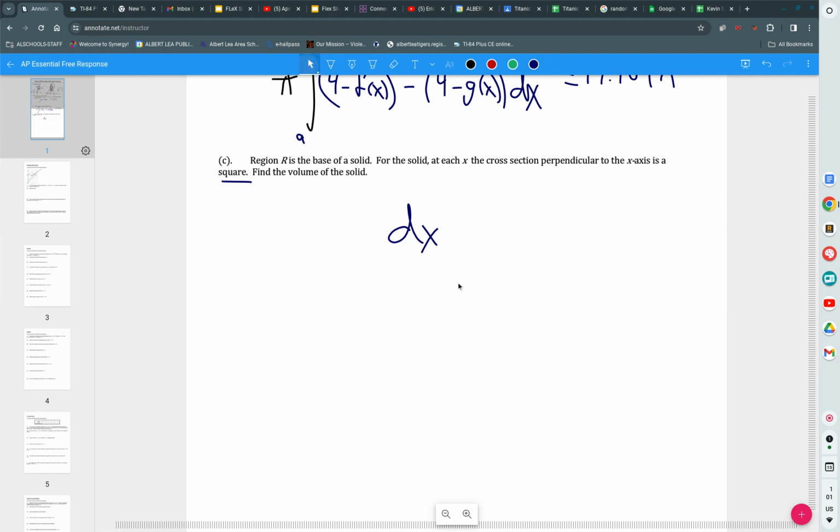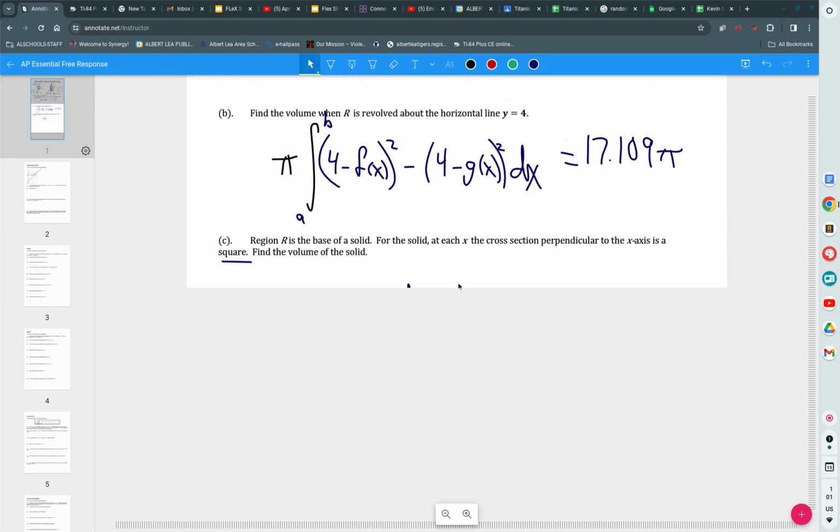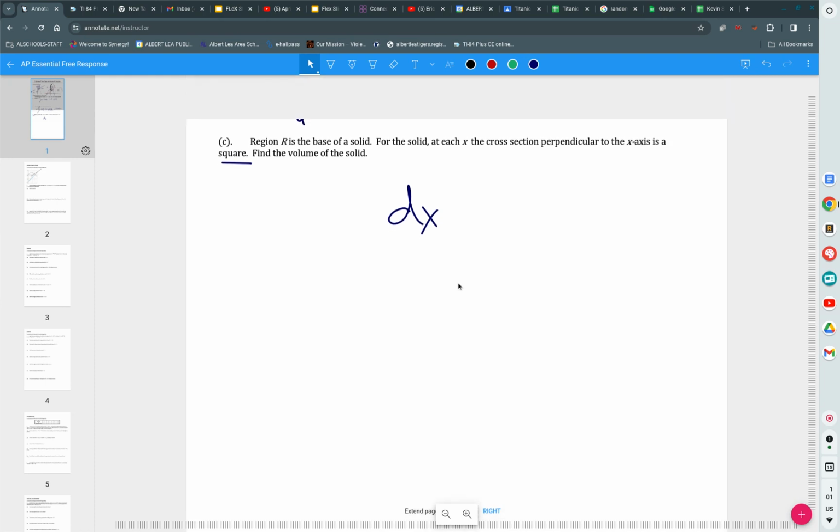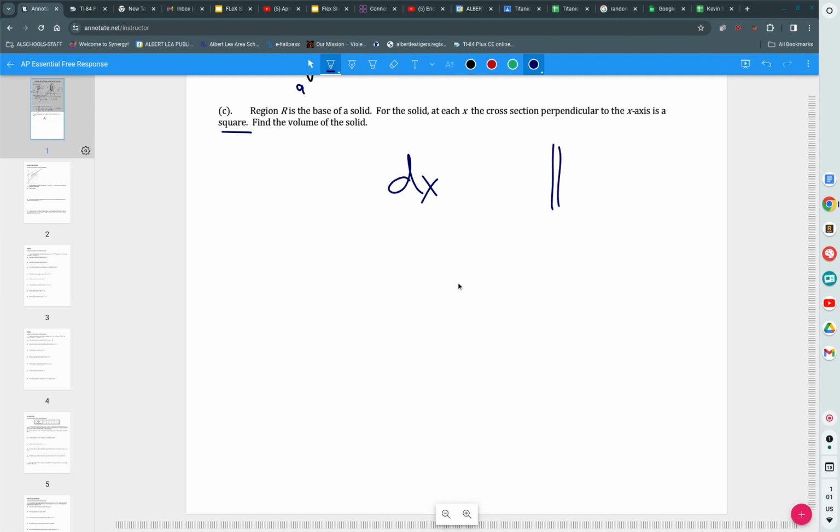Okay? So now what I need to do is I have that square piece, which I will mark right here. And you already told me that measures dx. What is the height of that square? How do we determine the height? Top minus bottom, which would be g of x minus f of x, correct?